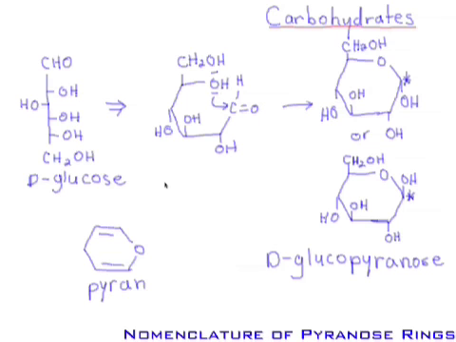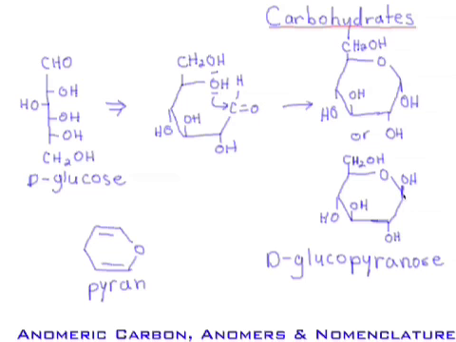Now clearly we need a way of distinguishing between these two D-glucopyranoses, and we need to determine some ways of referencing the carbon that has become chiral upon cyclization. The carbon that becomes chiral during the cyclization process is referred to as the anomeric carbon.